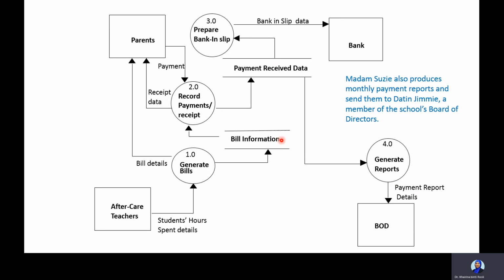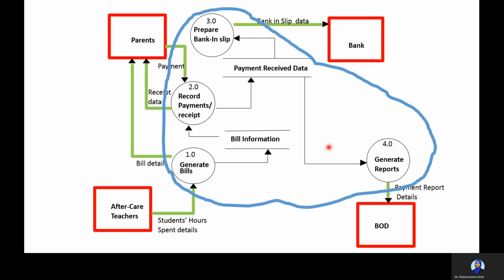Now that we have created this, we can identify which data flows go in and out of the system to the external entities. All of the data flows that I have shown in green color go out to the external entities or come from the external entities into the system.